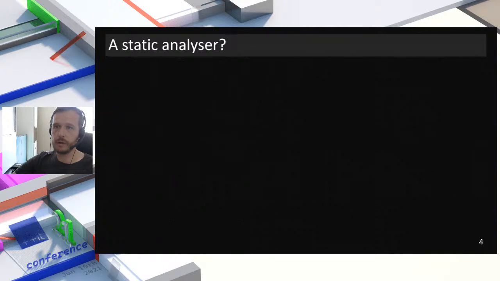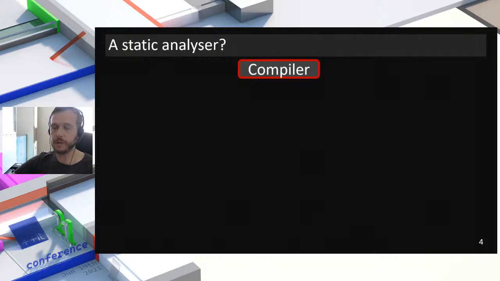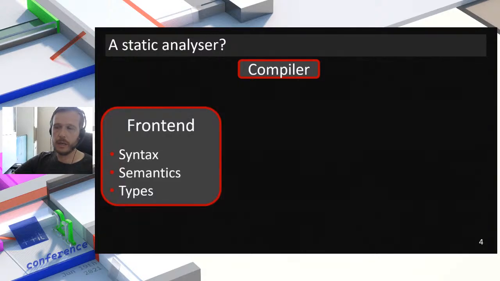But first, what is a static analyzer, and how do we define what it is? To do that, we need to look at compilers, really. It may be surprising for someone, maybe not, but compilers and static analyzers are actually tools from the same category, kind of. So what does your typical compiler have? Well, it has something called the front end.